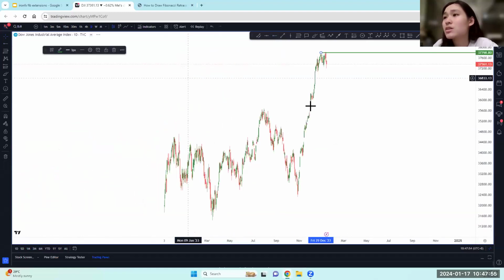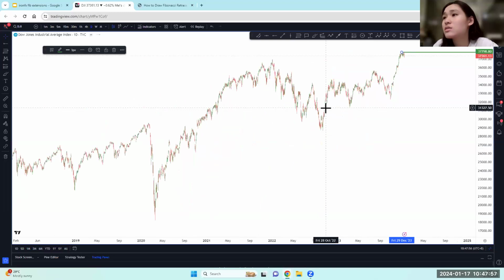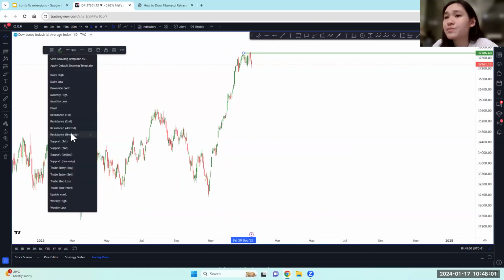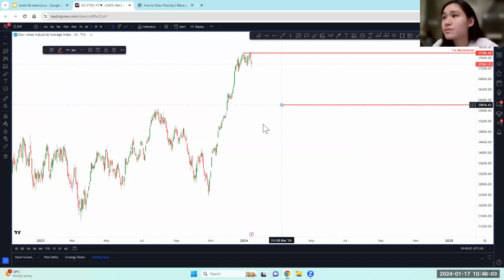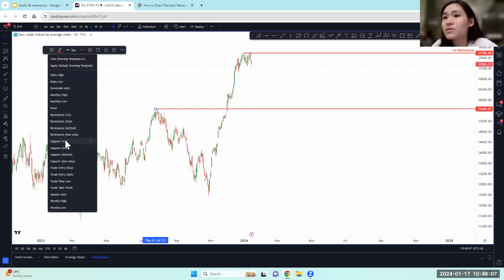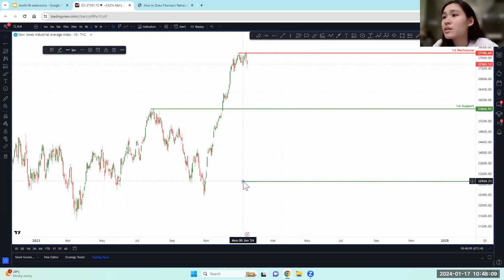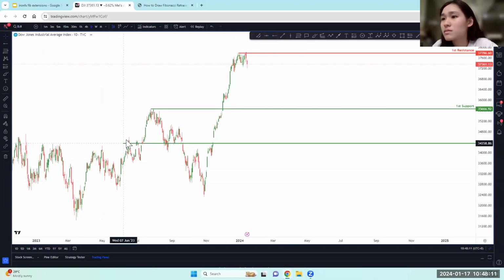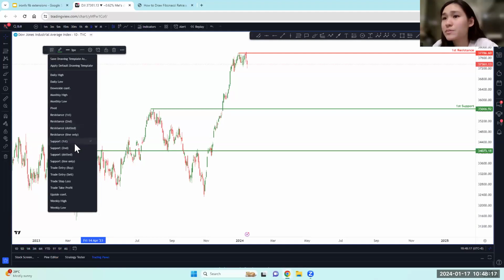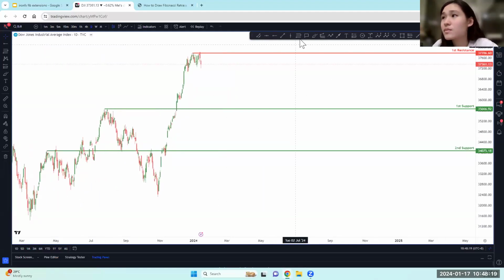Here is our first resistance. This is our first support, and I think this would be our second support.